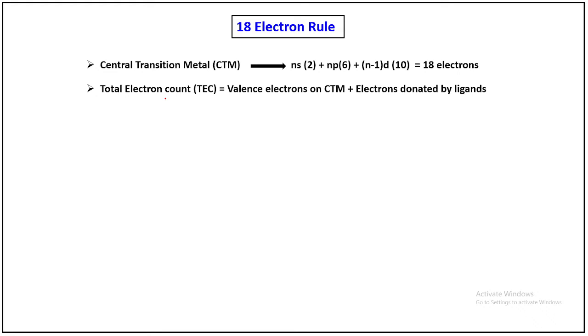For example, if in a complex given, iron is the central transition metal, how many valence electrons does iron have? 8. So it can be obtained easily directly from the electronic configuration. So this part is easy. First part is easy, where the valence electrons of the central transition metal have to be found. Now the second part, electrons donated by ligands. That we will see how to count.